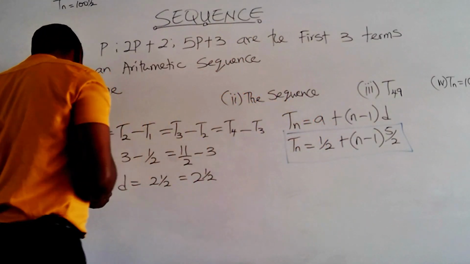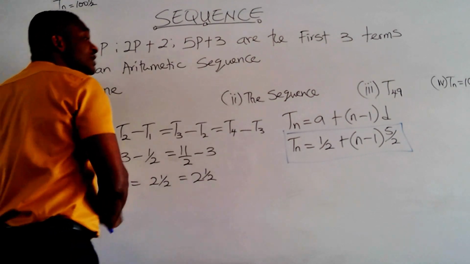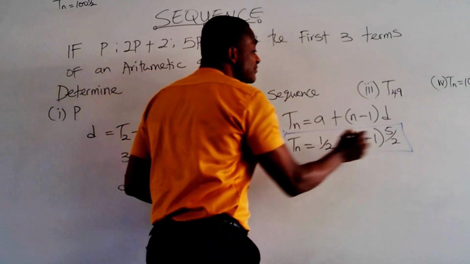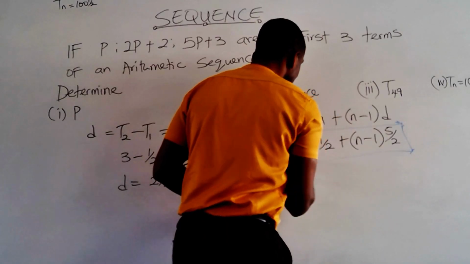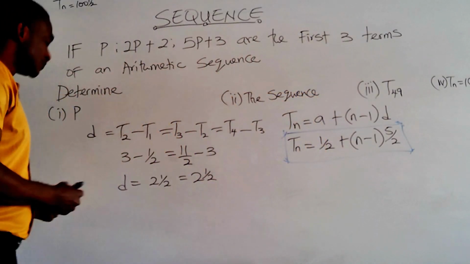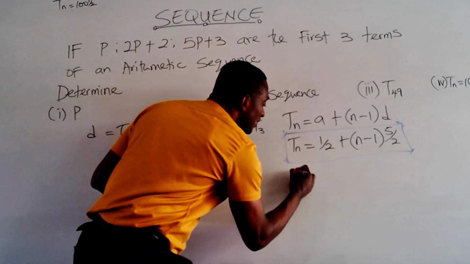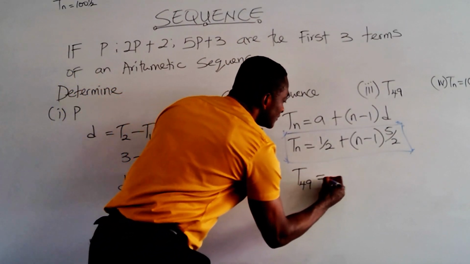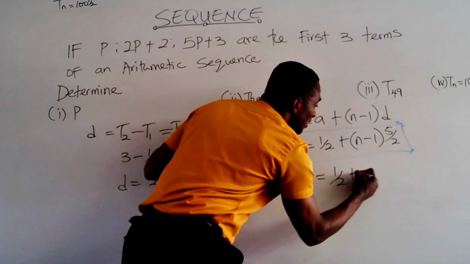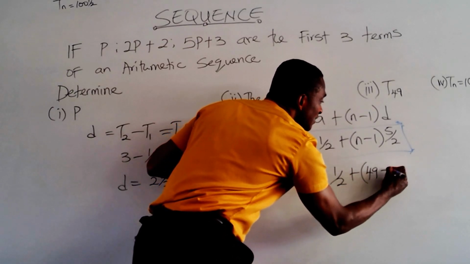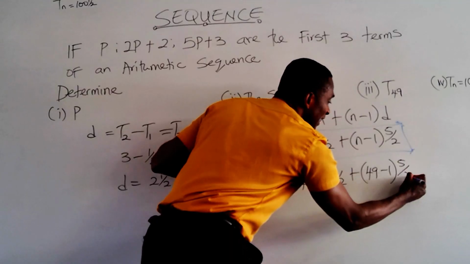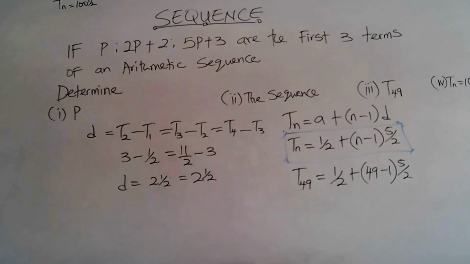It is very important that we understand that this general formula can even give us term 1 million. They are asking for term 49, so we plug in 49 for n. So we have half plus (49 minus 1) times 5 over 2.